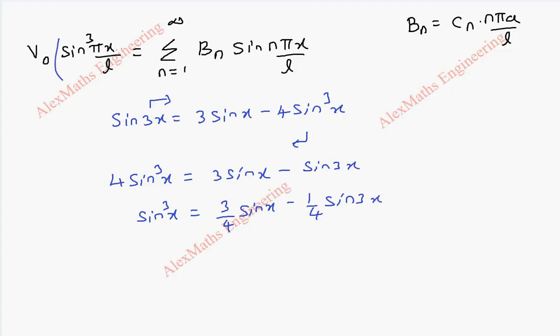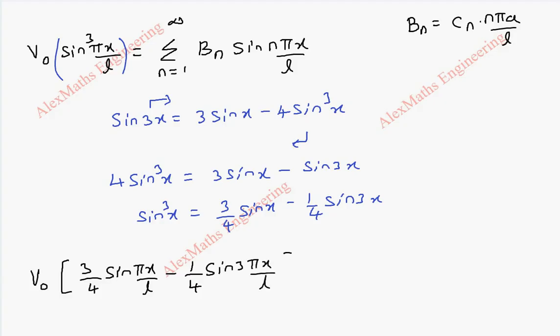So here we are going to replace this formula. So V0 into 3 by 4 sin pi x by L minus 1 by 4 sin 3 pi x by L. So I replace the sin cube formula, but in place of x we have pi x by L. So I have to substitute correctly.